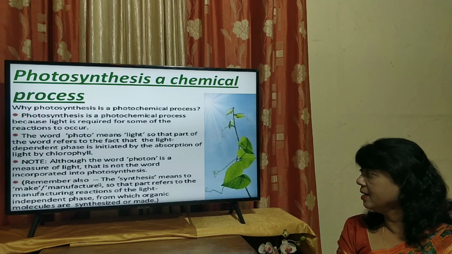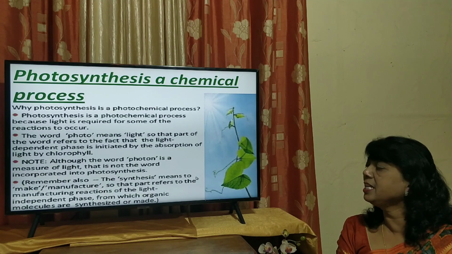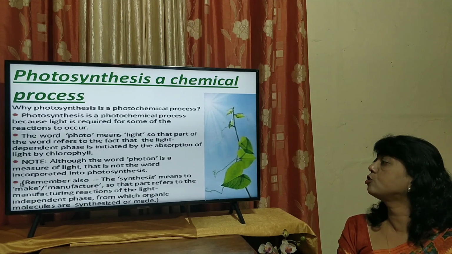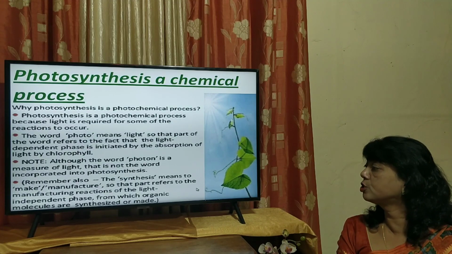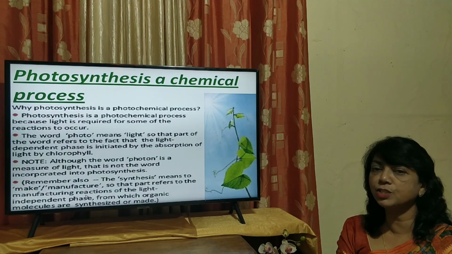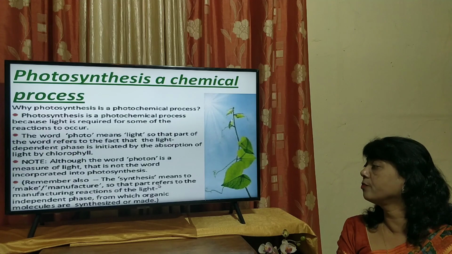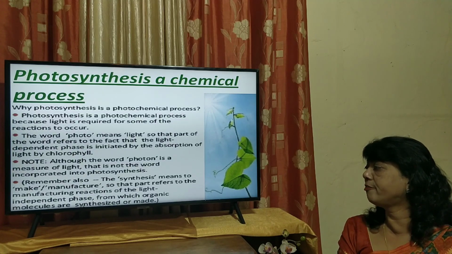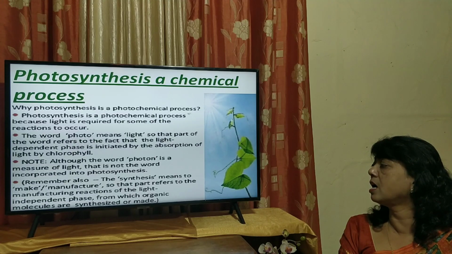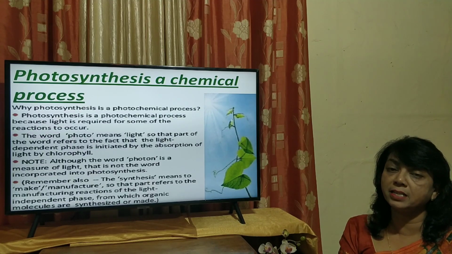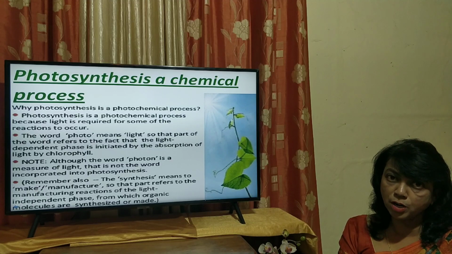Also remember, synthesis means to make or to manufacture. So that part refers to the manufacturing reactions of the light independent phase from which organic molecules are synthesized or made. And what is that organic molecule?